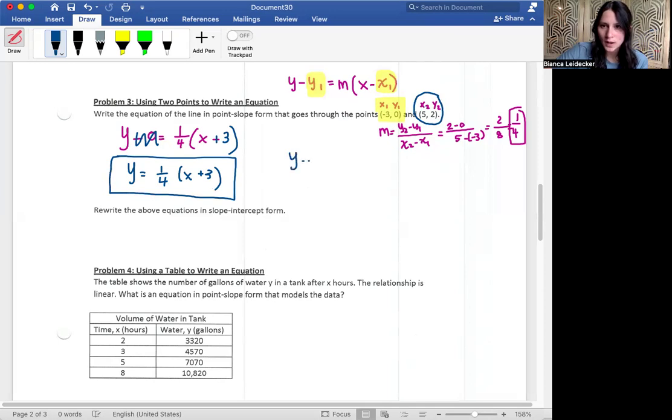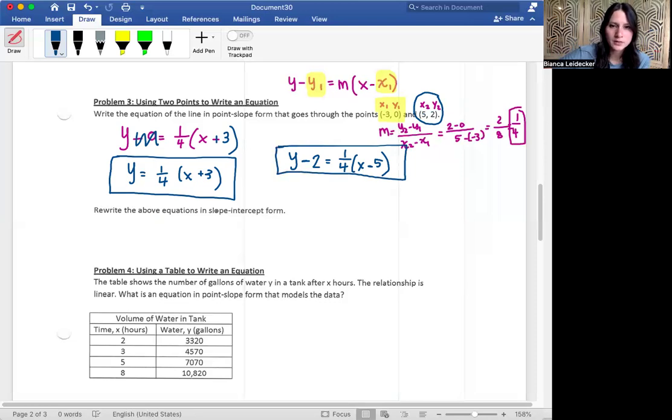So I'd write this as y minus 2 equals 1/4 times x minus 5. Because my original points were positive, it's going to stay as a subtraction sign. And this would be another alternative for point slope form.